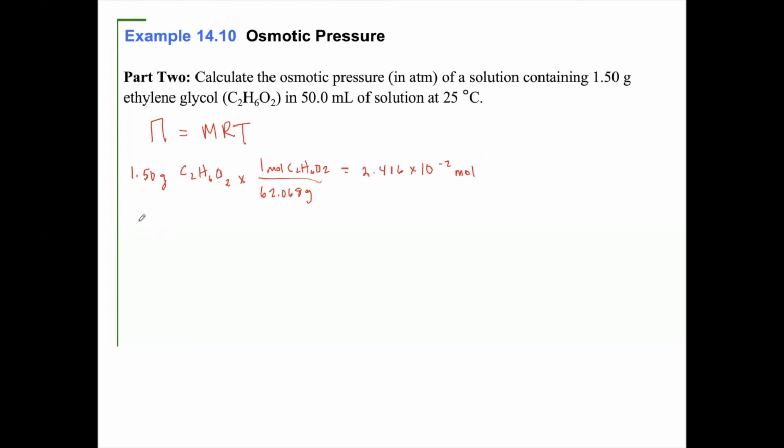Okay, the volume of our solution is 50 milliliters. And I'm just going to convert that to liters. Okay, the temperature is 25 degrees Celsius. Let's just convert that to Kelvin right off the bat.